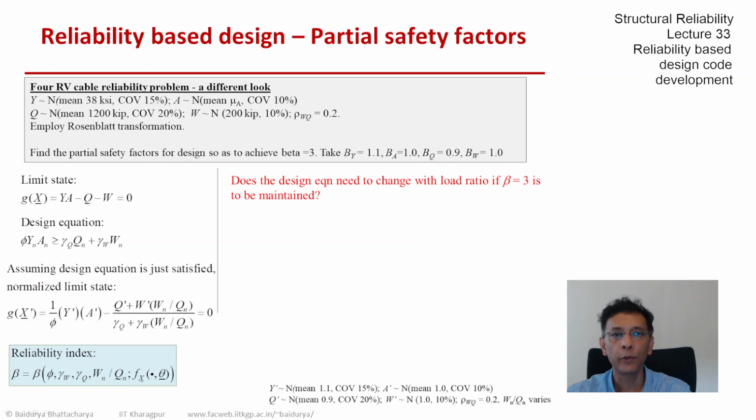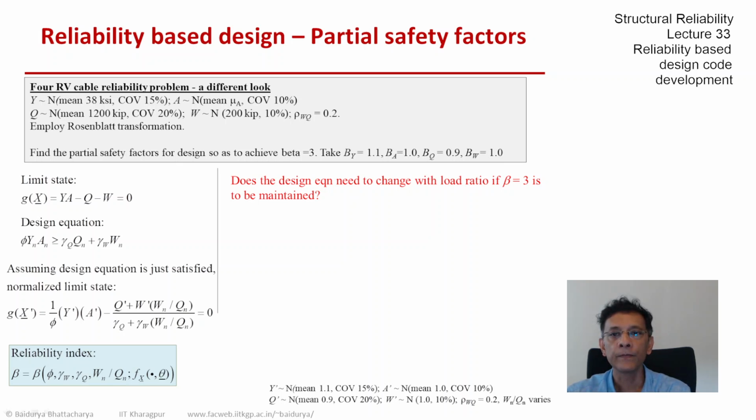Once you fix the material and the uncertainties and the nominal values of the basic variables, then the bias factors don't change, the COVs don't change, because a material has a yield strength with the same bias and same COV.